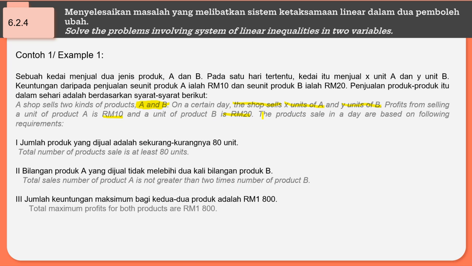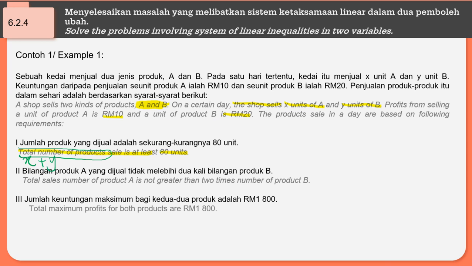First one, the total number of products sold is at least 80 units. Alright, we're trying to construct this first inequality. We have the total number of products. We don't know how many of them, so we have x plus y, yeah?